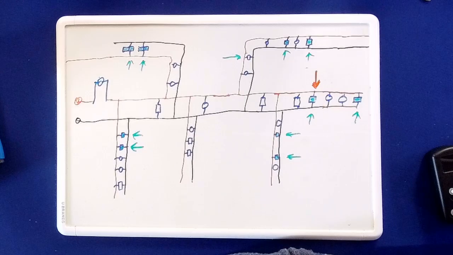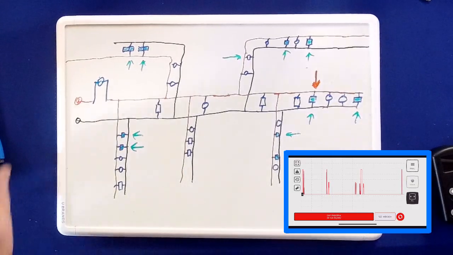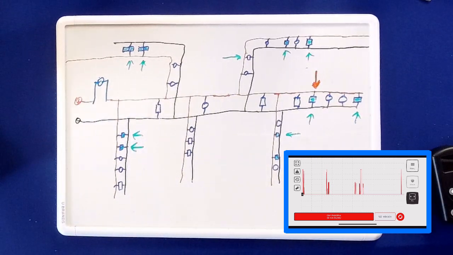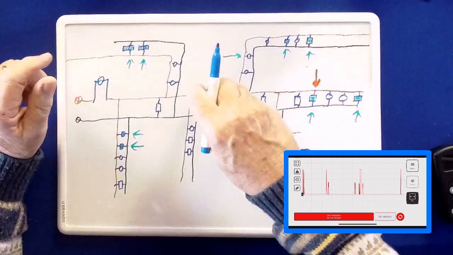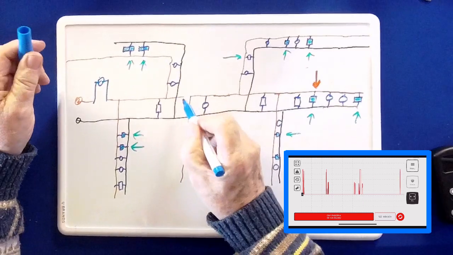Because what you want to do, and here again is your circuit, I'm going to put that logging meter on there again. We've already got one on there, so we've established that we have something drawing power. So now we're going to break the circuit, and we're going to put another logging meter on there.